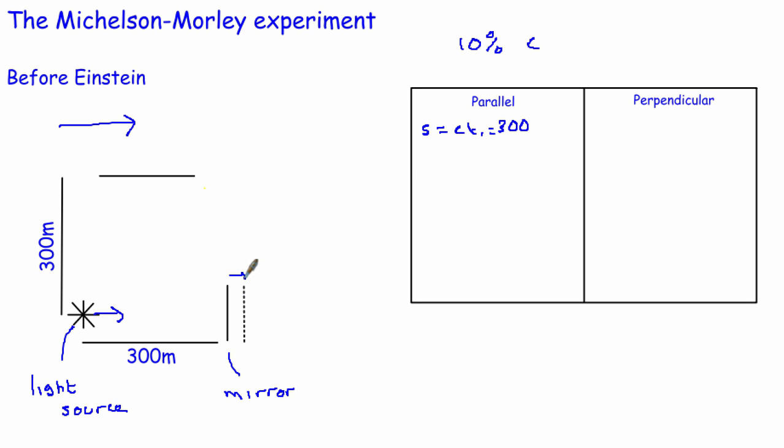And this mirror will have moved this distance, which is equal to the velocity of the Earth multiplied by the time, which for us would be t1. But the velocity of the Earth is 10% that of the speed of light. So we can write that as plus 10% the speed of light, so 0.1c times t1. So now we've got an equation.